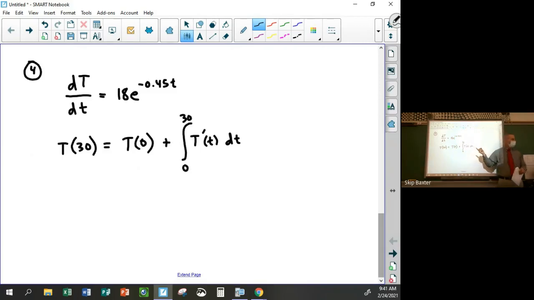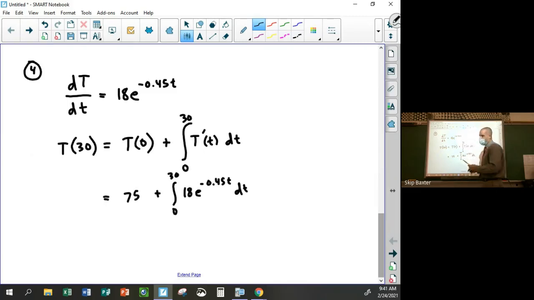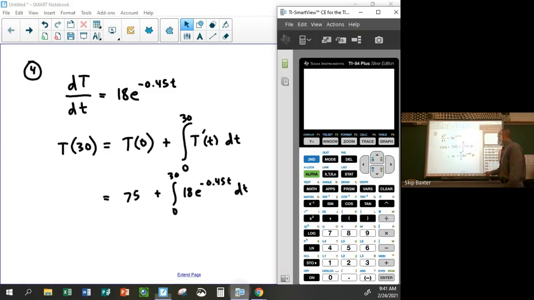Right? This is FTC part 1. So this is just the initial temperature, which is 75 degrees, plus the integral from 0 to 30 of 18 e to the negative 0.45t dt. And I wouldn't bother doing this by hand. You have a calculator. Definitely do this with a calculator. You'll save yourself some time.